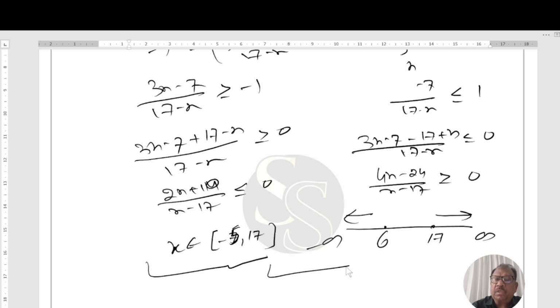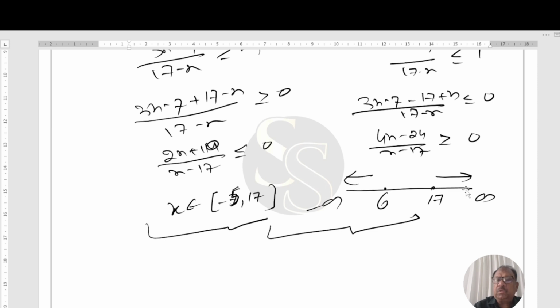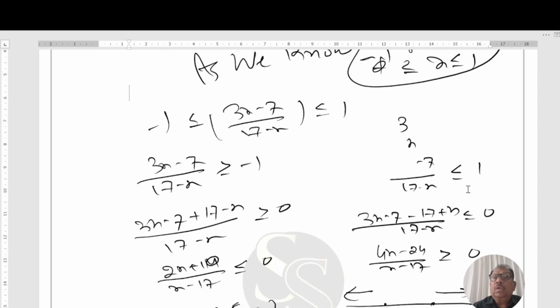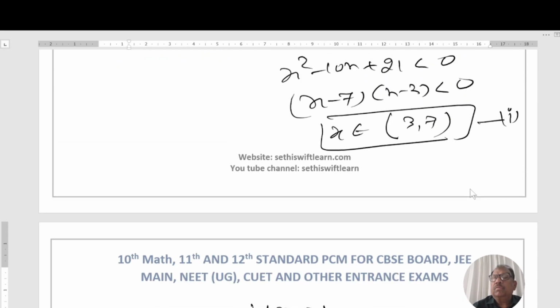Now we will take the intersection of these two to find the domain. The intersection of this will be minus 5 and 6, x will belong to minus 5 and 6. This is equation 2. Equation 1 is this one.